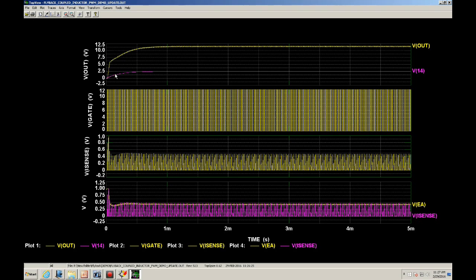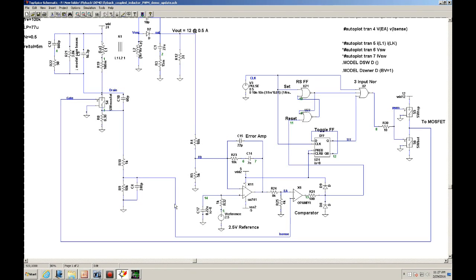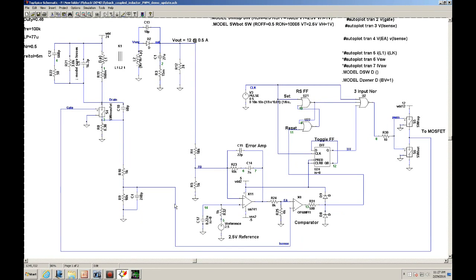So if you notice, it comes out exponentially, just like an RC, and what it does, it helps circumvent or minimize the overshoot. Okay, so here you have it. This is a current mode pulse width modulator.